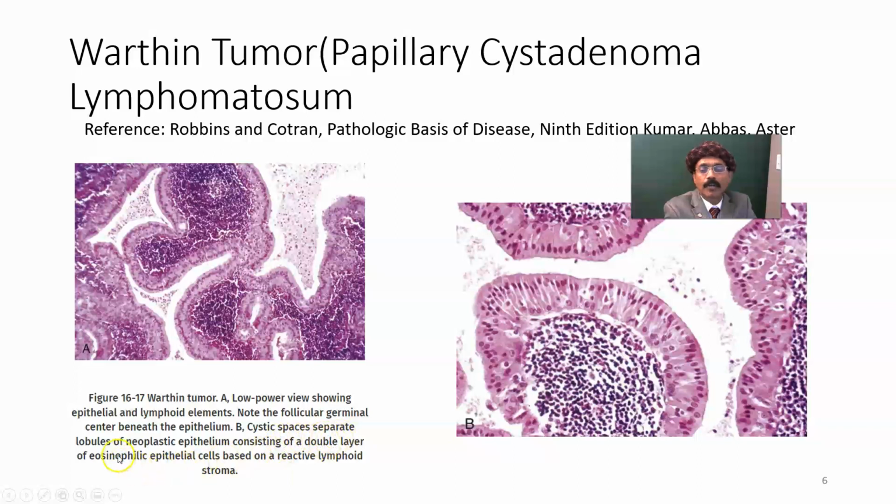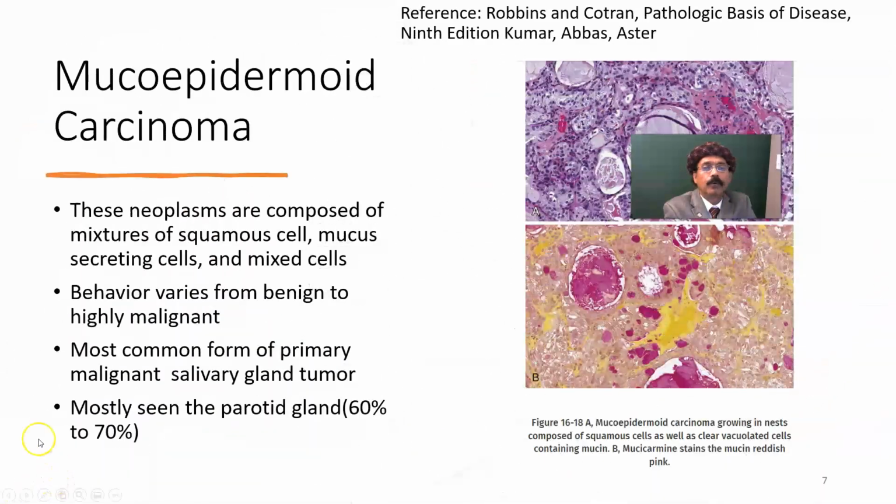Cystic spaces separate lobules of neoplastic epithelium consisting of a double layer of eosinophilic epithelial cells based on a reactive lymphoid stroma. So its name is papillary cystadenoma lymphomatosum. Okay, here is another one. This is around 15%.